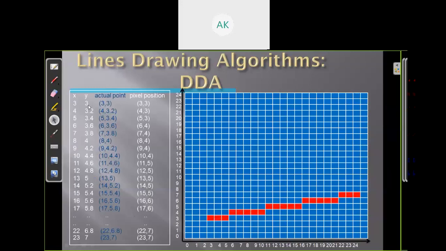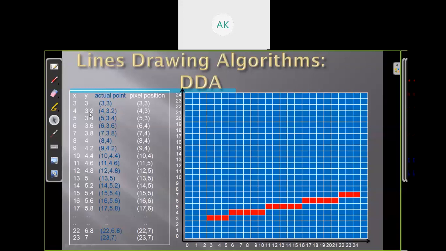The first point is 3 3, the actual point, and the pixel position is also 3 3. Okay, and as x is changing in unit interval, the next point will be 4, and the corresponding value of y will be, just add to the previous value, 3 plus 0.2, which is 3.2.